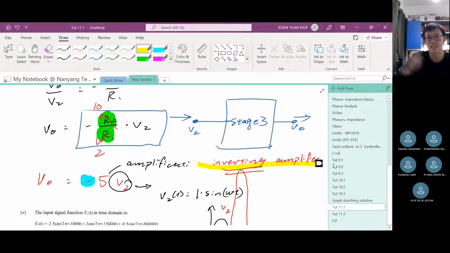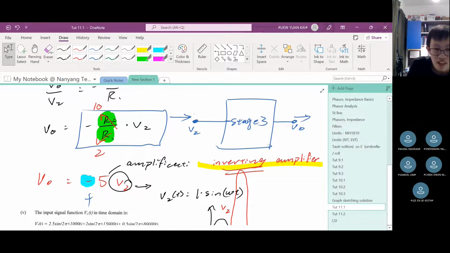Amplify means I scale it by some number. Inverting means I change the sign. Non-inverting is when it is positive, right? If it's positive, then it retains your sign. It never changes your sign. It never flips the direction of your voltage, right? So that would be called non-inverting. Means I didn't flip the direction of your voltage. Okay, so this is an inverting amplifier.